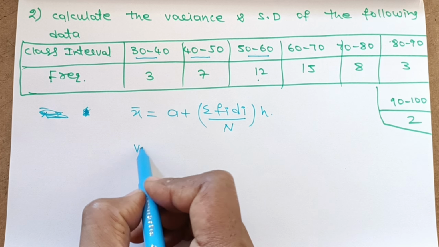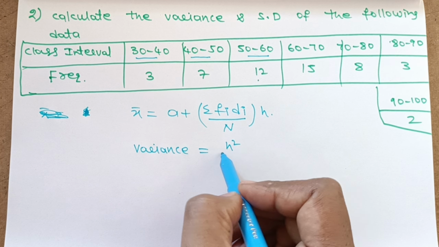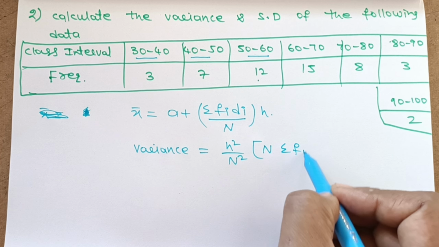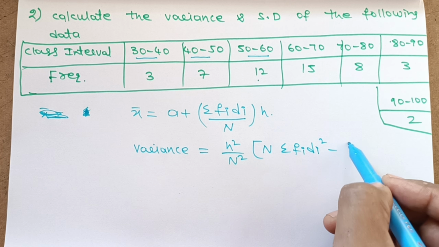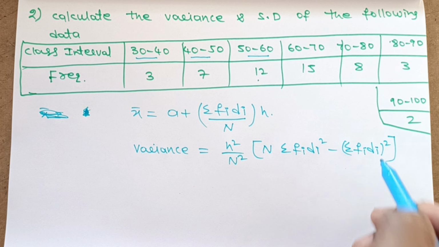And the variance formula is h square by N square into capital N sigma fi di square minus sigma fi di whole square.